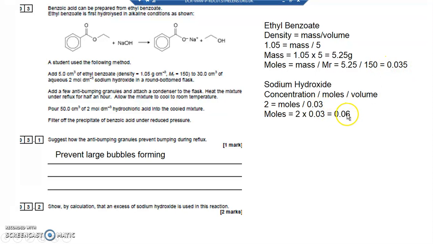So I've got 0.06 moles of sodium hydroxide, I've got 0.035 moles of ethyl benzoate. I've got more sodium hydroxide than ethyl benzoate, so I've shown that and got my 2 marks for 3.2.